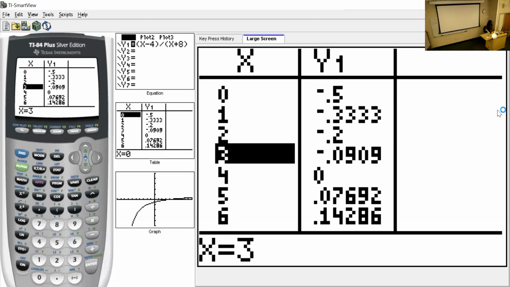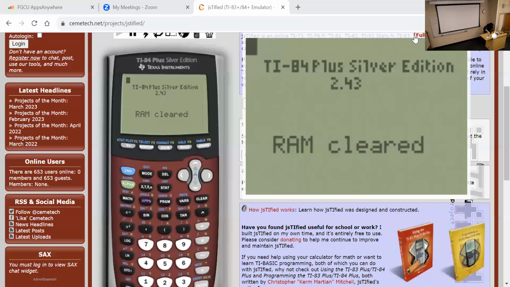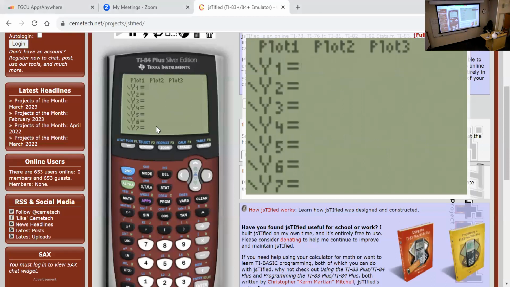It's a different calculator, so I need to enter the function again. (X minus 4), was it (x plus 8)? I believe so.